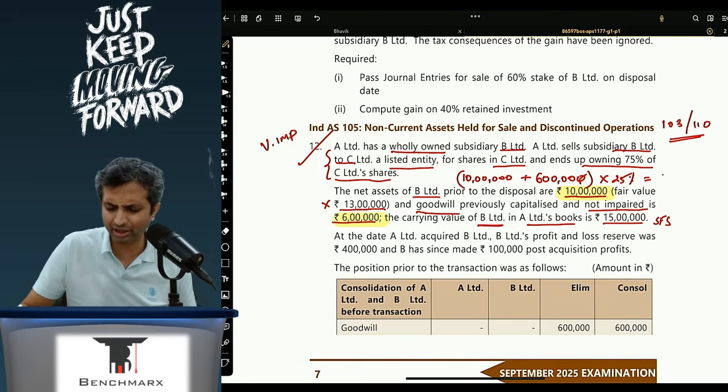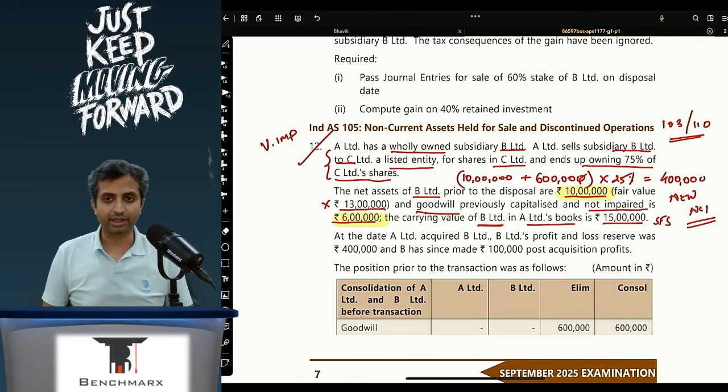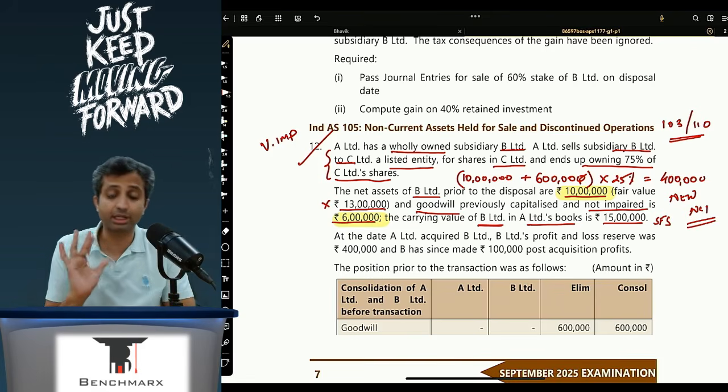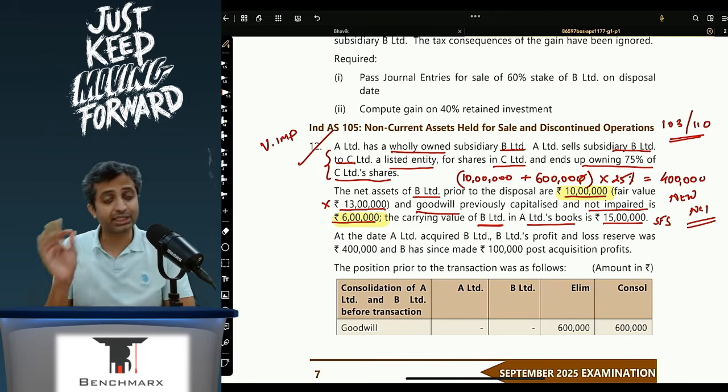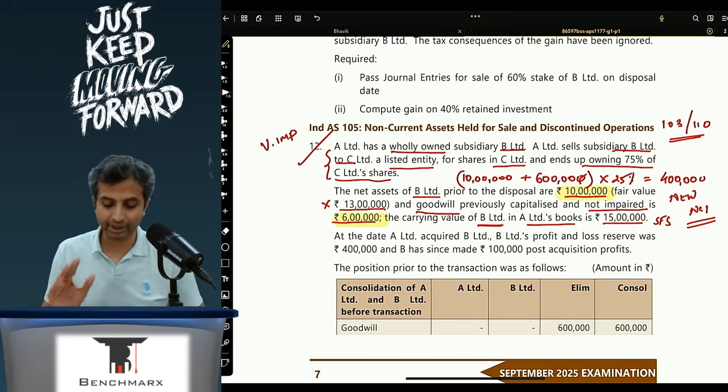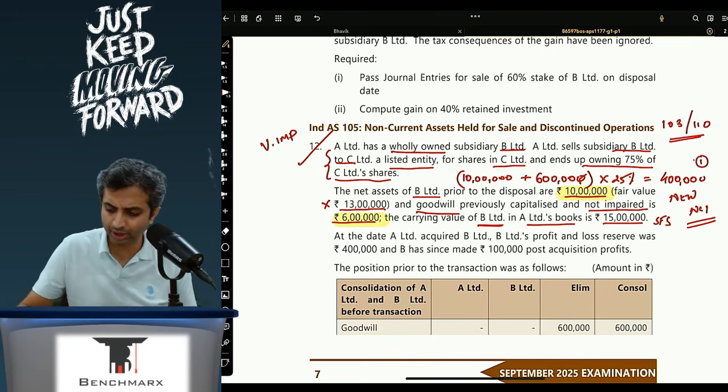That will be, I think, if I'm not wrong, 4 lakhs. So the new NCI that will be created will be 4 lakhs. Against this, I will get some consideration. I don't know how much I got. We will see that. But the new NCI that is formed appears to be 4 lakhs. Okay, this is point 1.